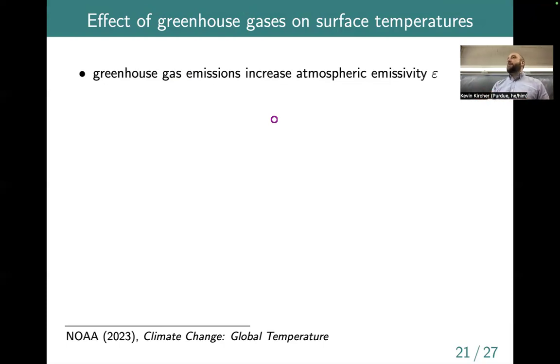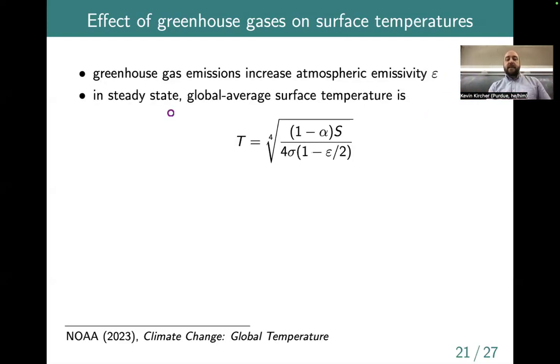What is the thing that we have some control over by controlling how much greenhouse gases we emit? And it turns out that that thing is the emissivity E. So if we change the concentration of CO2 in the atmosphere, we change basically this ratio of how much energy it absorbs and re-emits when it's interacting both with the Earth and with space.